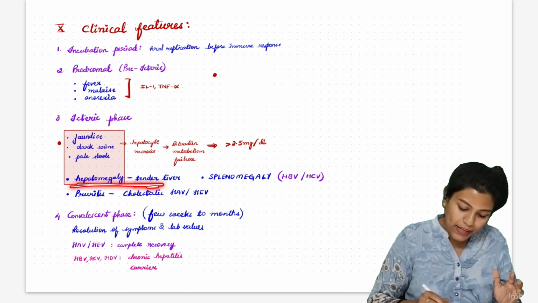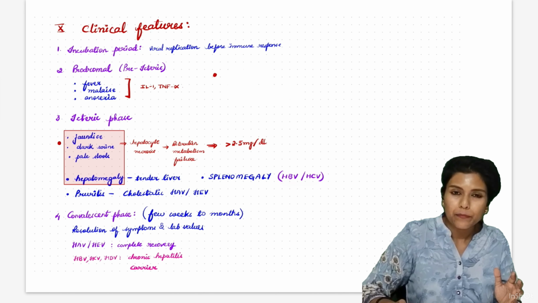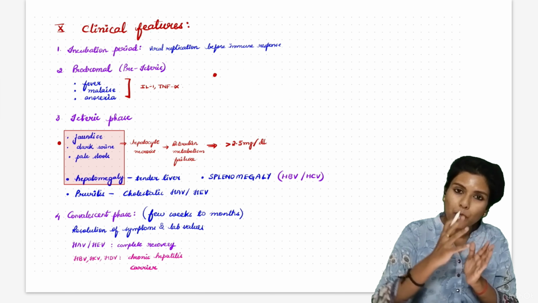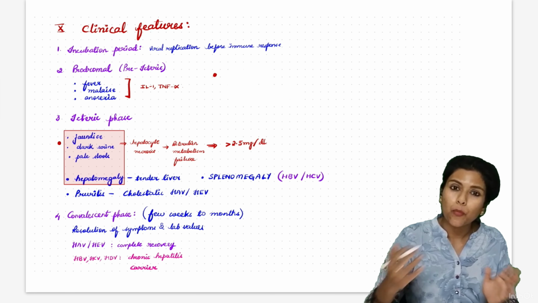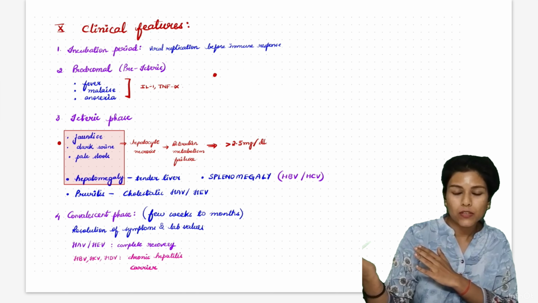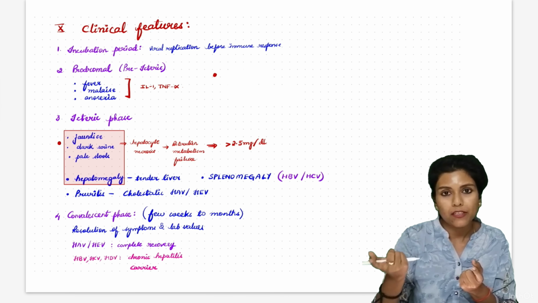and this right upper quadrant pain is because of this hepatomegaly. There can be splenomegaly, but it is more common in chronic cases of hepatitis B and C because there will be lots and lots of inflammation. Because of vascular congestion, portal hypertension will occur. Portal hypertension means backflow of blood into the spleen. The portal vein carries blood from the spleen, from the pancreas, from the intestine.